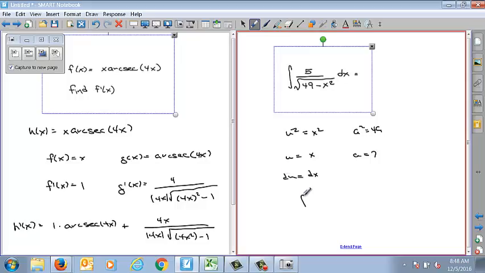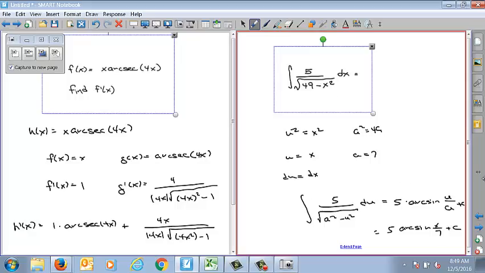So the original integral would just become 5 divided by the square root of a squared minus u squared du, which, you look in your formula, and we take 5, and it's going to be the arc sine of u over a plus c, and in this case u is x and a is 7. So if I were looking at it, I'd say, okay, a is 7, u is x, so the answer is 5 times the arc sine of x over 7 plus c.